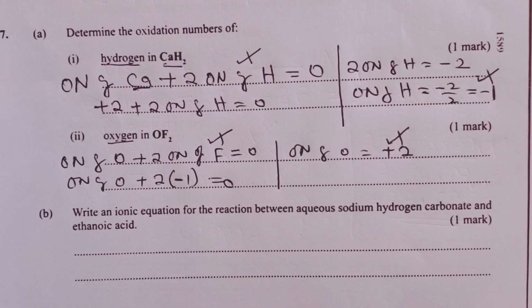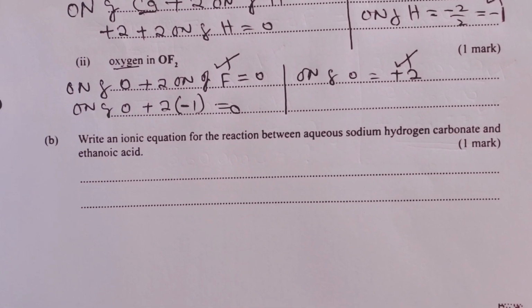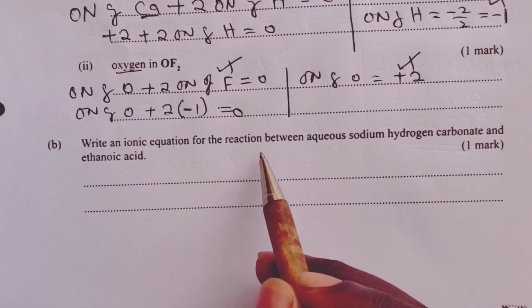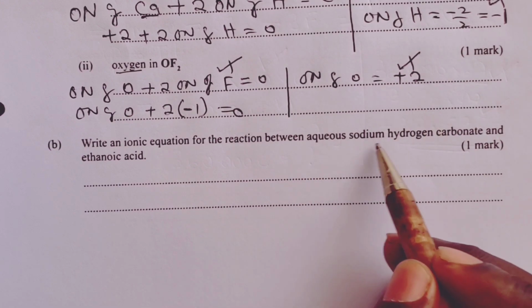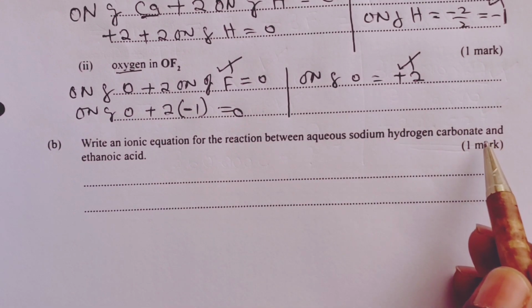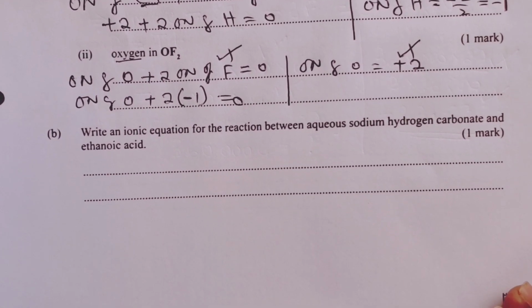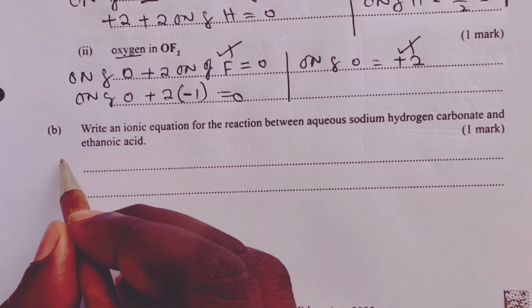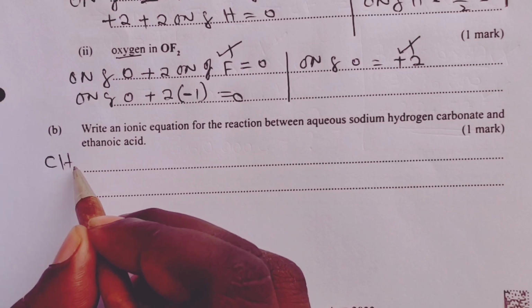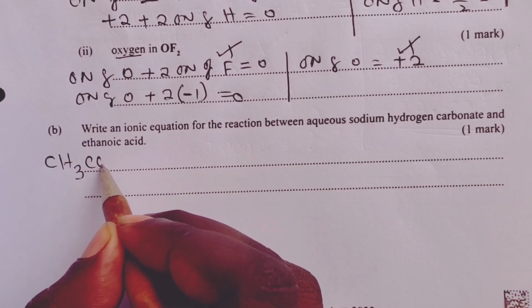Part B: write an ionic equation for the reaction between aqueous sodium hydrogen carbonate and ethanoic acid. Here, we need to start by writing a balanced chemical equation the normal way.